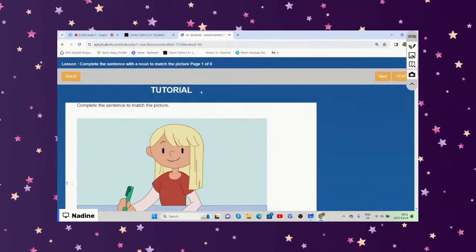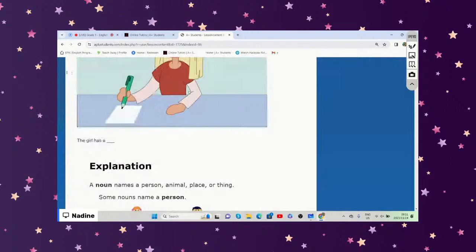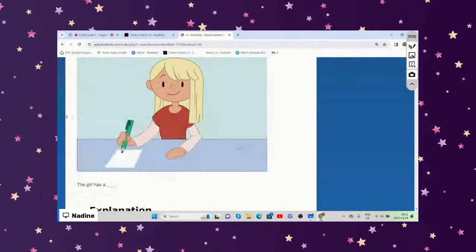So we need to complete the sentence to match the picture. It says the girl has a... What does the girl have in her hand specifically?